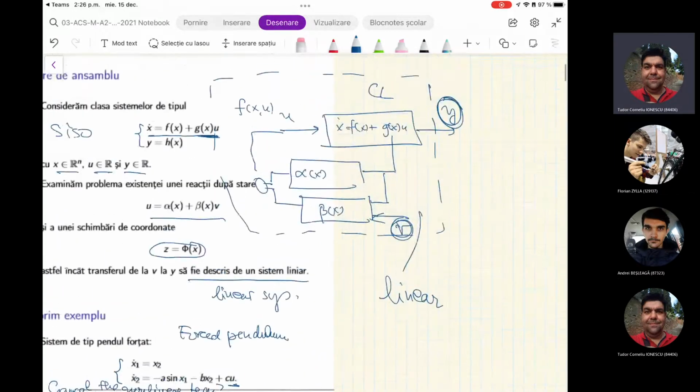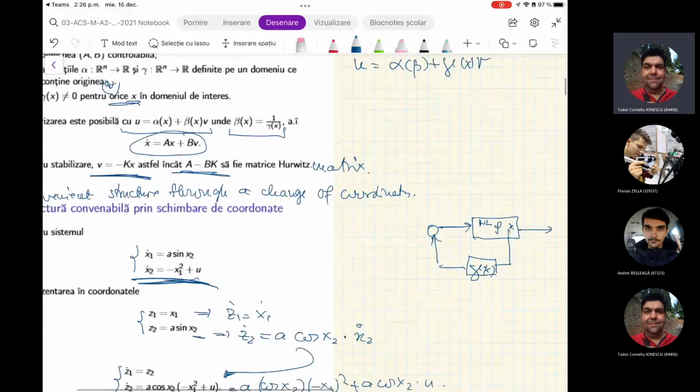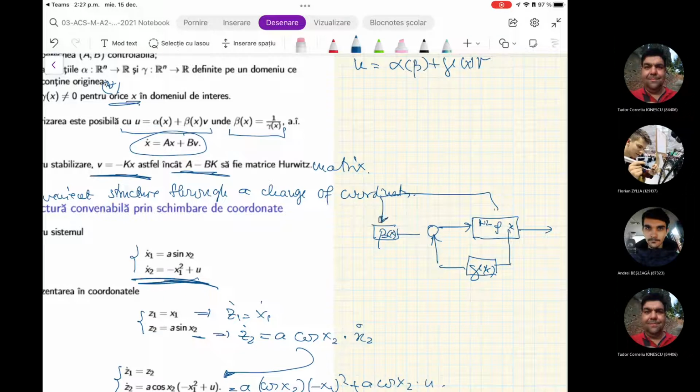Let's just say alpha X plus beta X V. So you also have here a beta depending on the state X, also taking the state, and you feed it here.